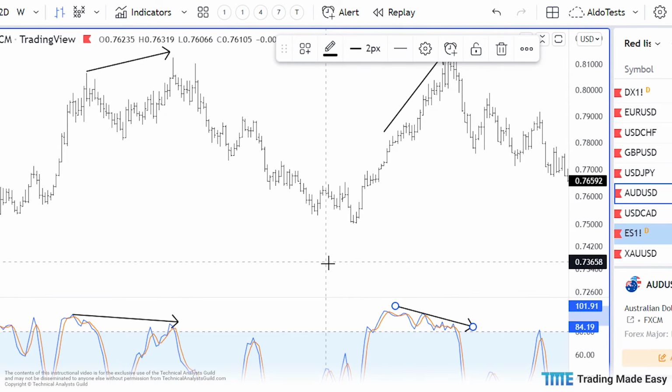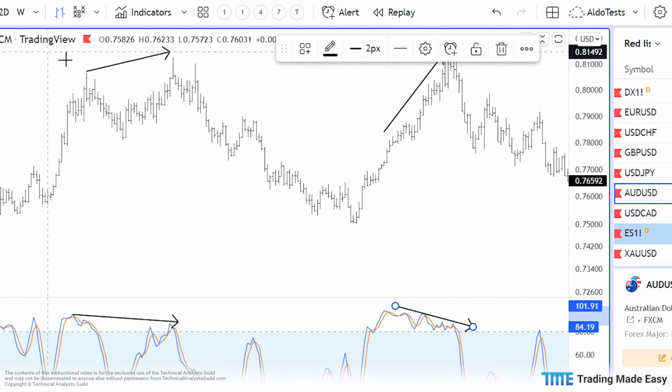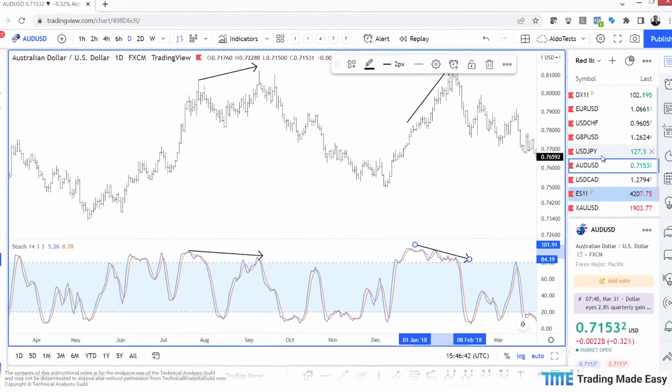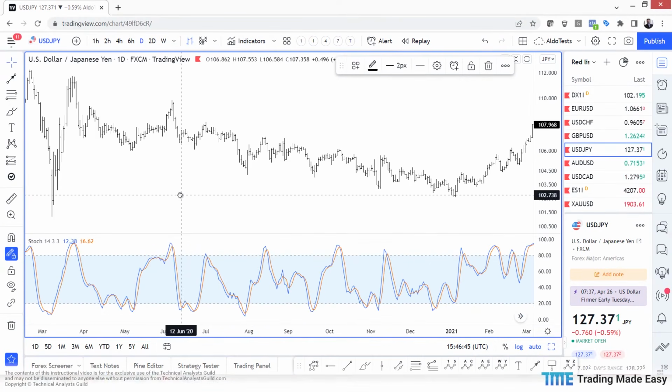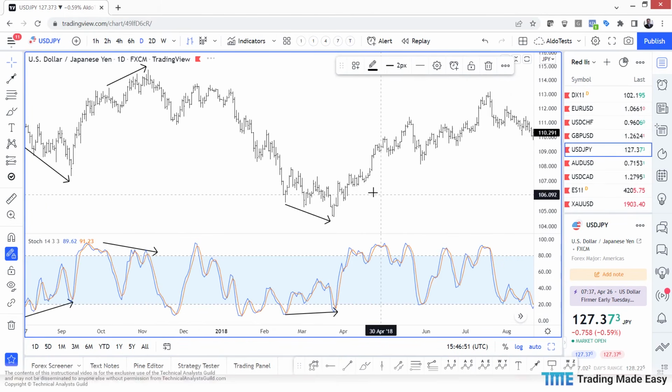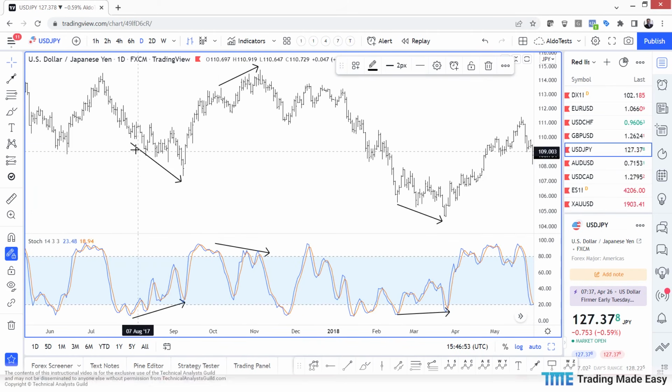So that is negative divergence or bearish divergence. This is also negative divergence or bearish divergence. In the case of the USD yen, we see several examples. In this case, we have bullish divergence or positive divergence, where the price is going down and the indicator is going up.